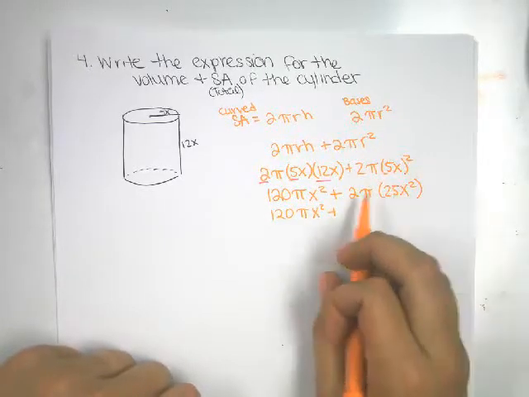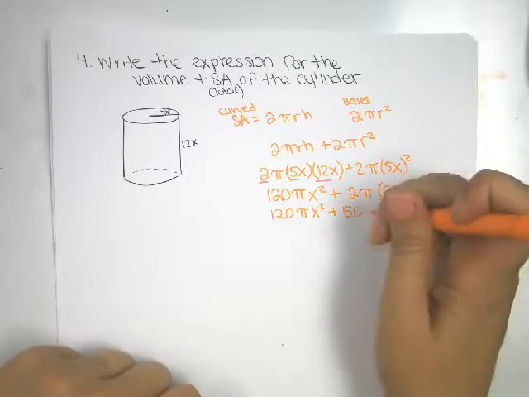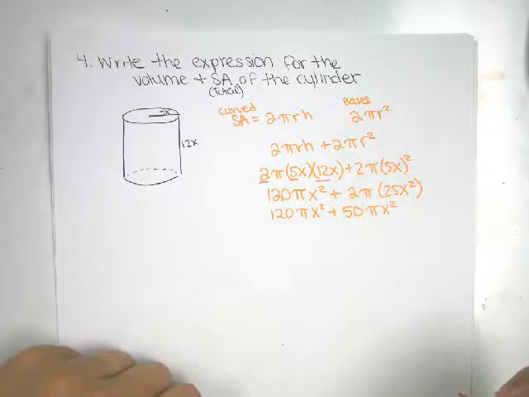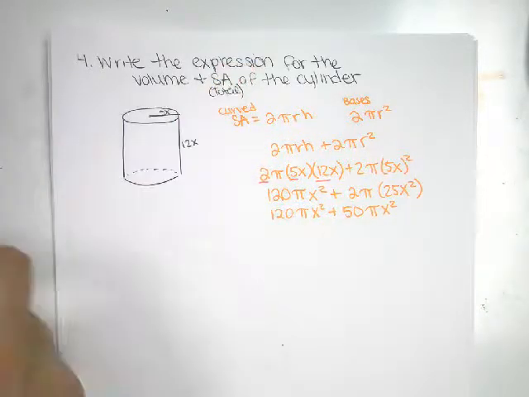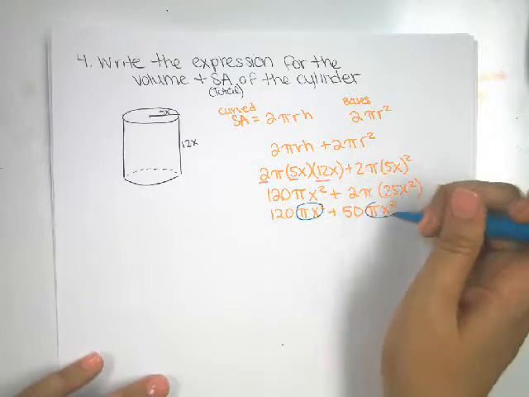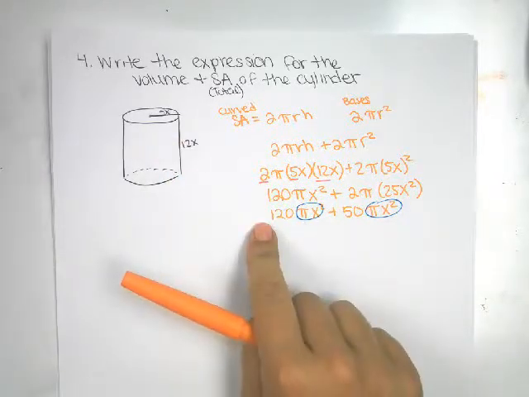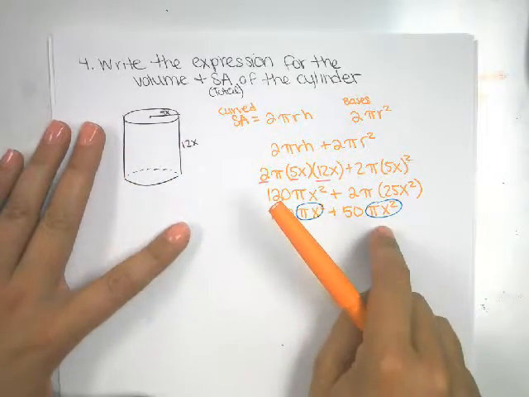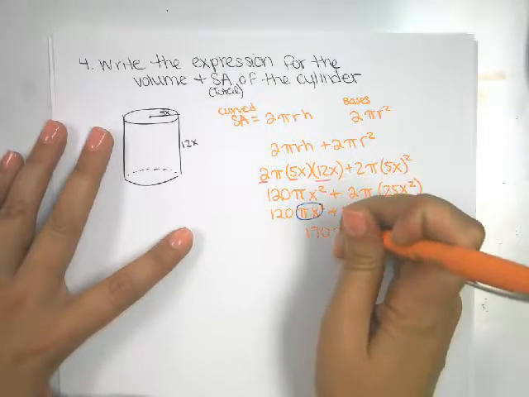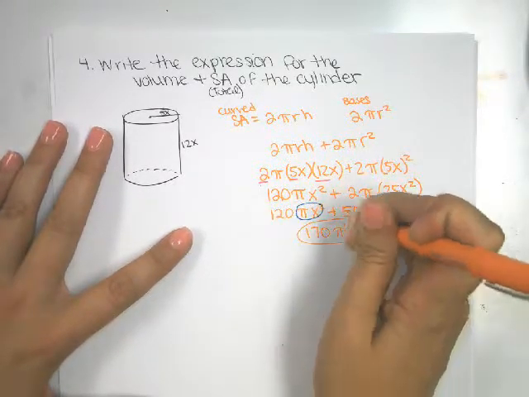Now that we took care of that, 25 times 2 is 50. And these, although it's kind of weird, are actually like terms. We have 120 pi x squareds plus 50 pi x squareds, which is 170 pi x squareds.